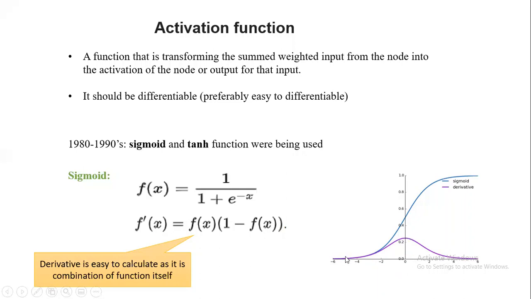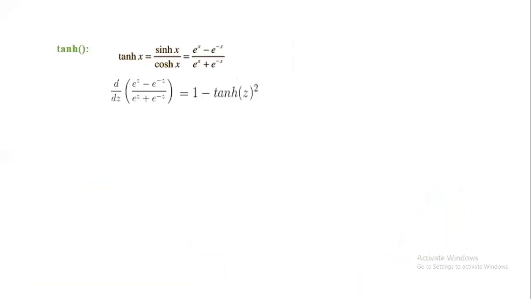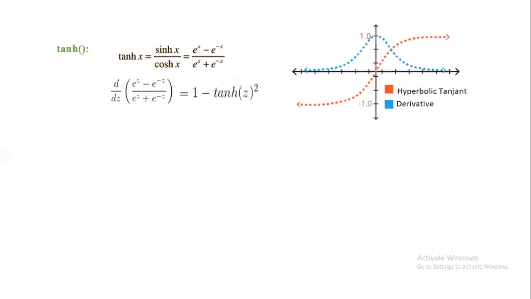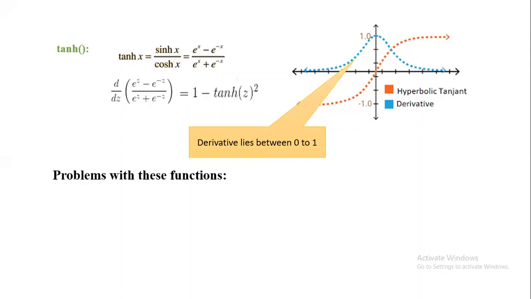The derivative is always less than unity, so we will understand what the advantage of that is. Now the tanh function looks like this, and its derivative lies between 0 and 1.